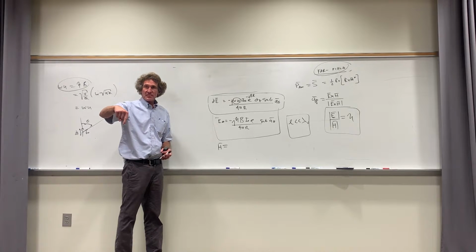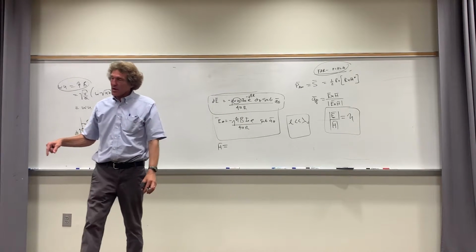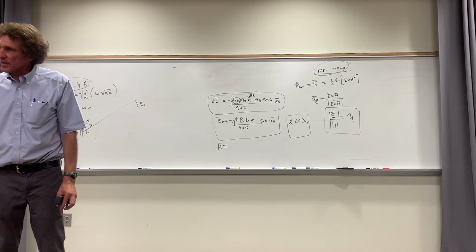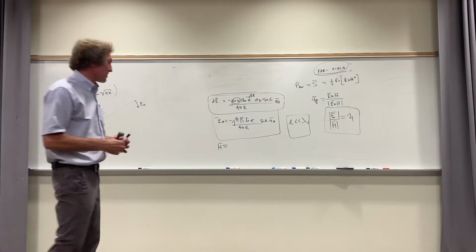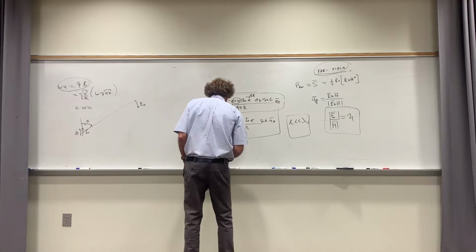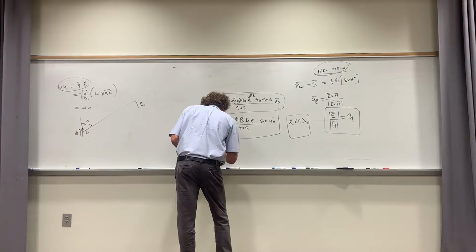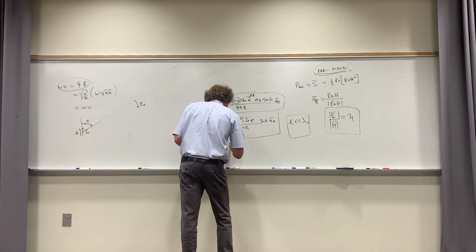Well, if E's in the theta direction, and it's propagating in the R direction, it's launched out, it's leaving. Well, E cross H has to be the direction of propagation, and therefore H has to be in the phi direction. If E's this way, H has to be phi, so H phi would just be equal to the magnitude of E, E theta divided by eta, in the A phi direction.